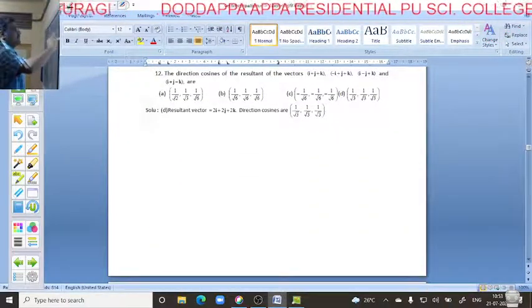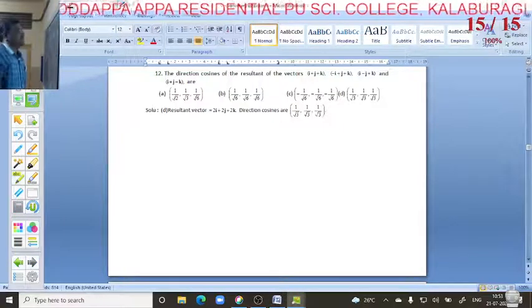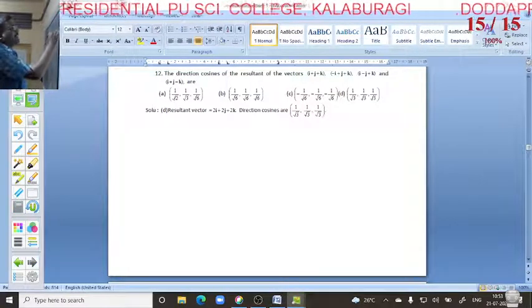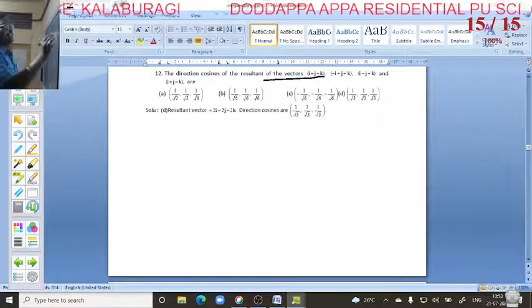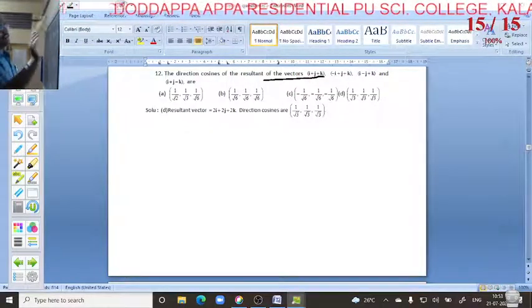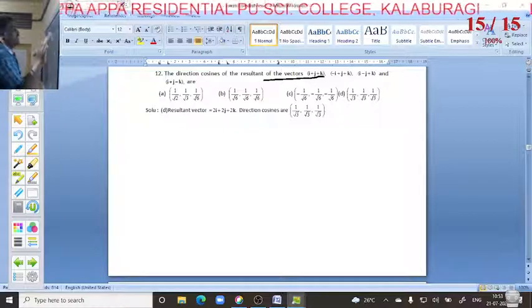Next, 12th one. The direction cosines of the resultant of vectors i plus j plus k, minus i plus j plus k, i minus j plus k and i plus j minus k.